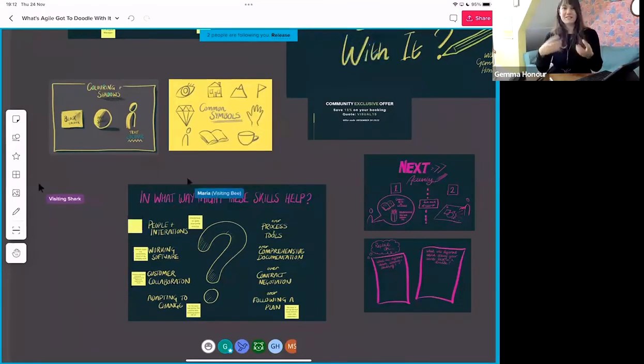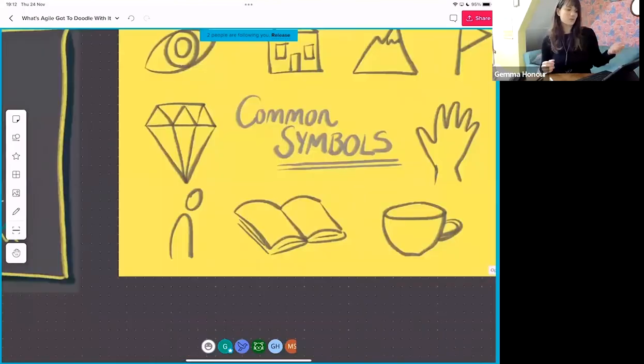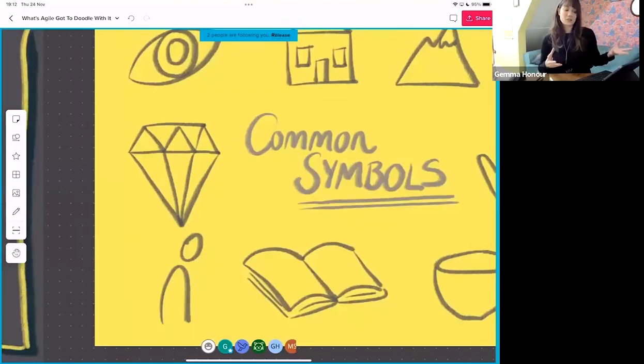I can use my book symbol to mean learning or writing or reading, or education. So depending on what words I pair my symbol with, the more types of meaning it could have. For example, your diamond could literally be a diamond, but it could also mean something like value or preciousness.